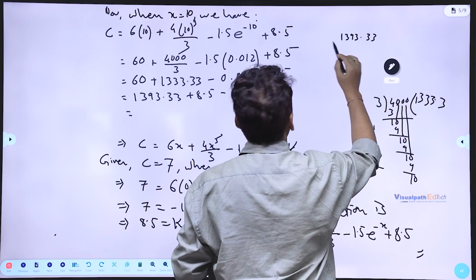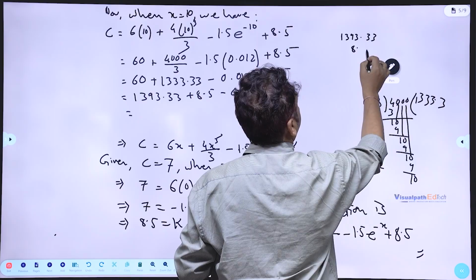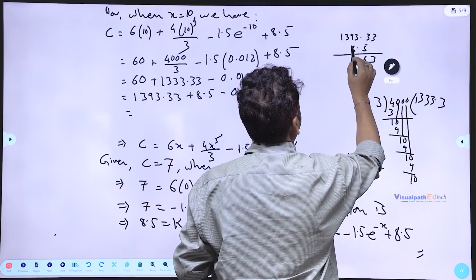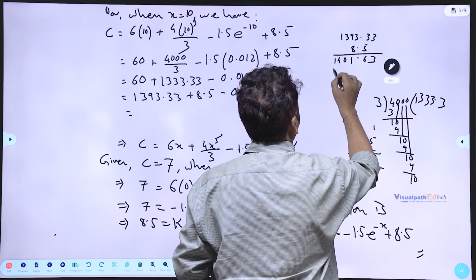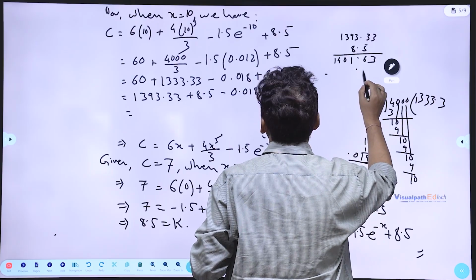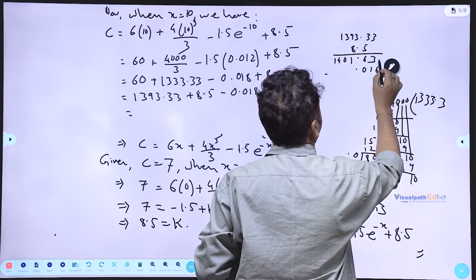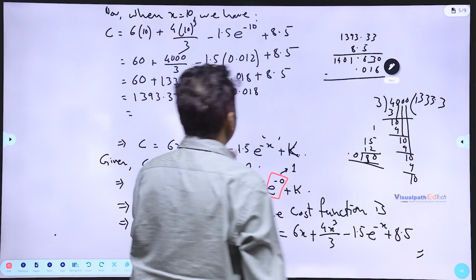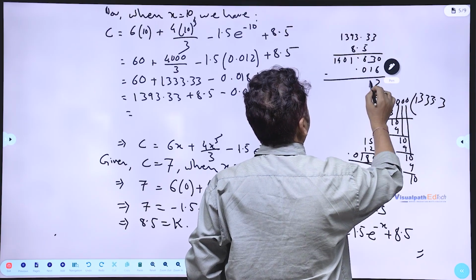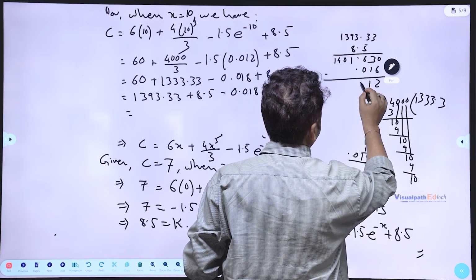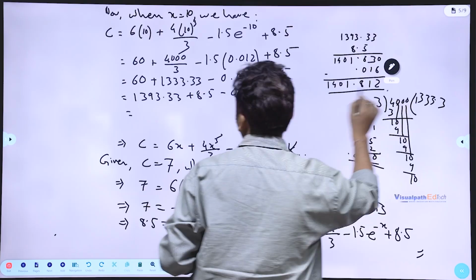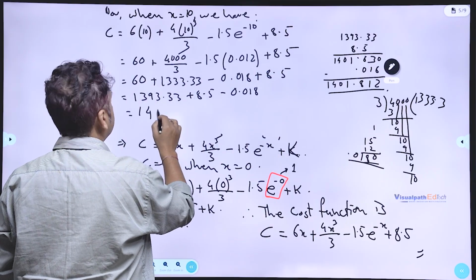Then we add 8.5 to 1393.33, and we subtract 0.018. So if we subtract 0.018, we are going to get 1401.812.